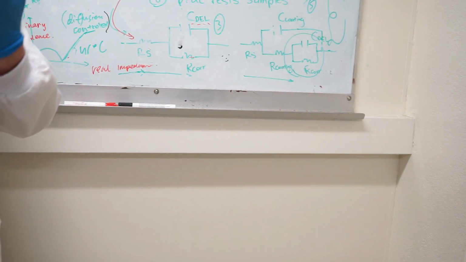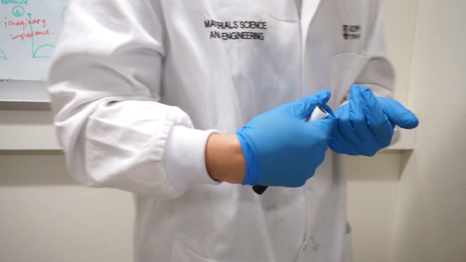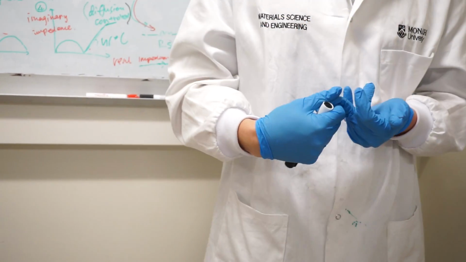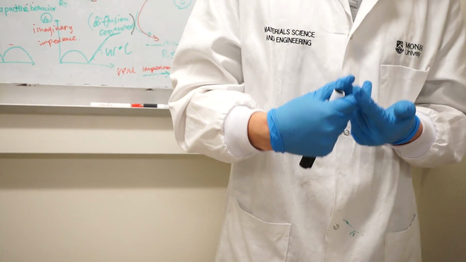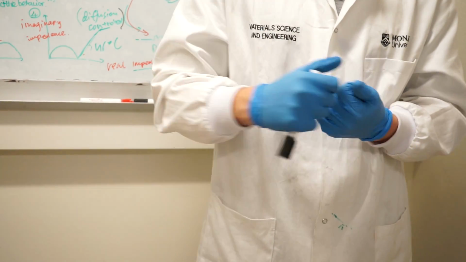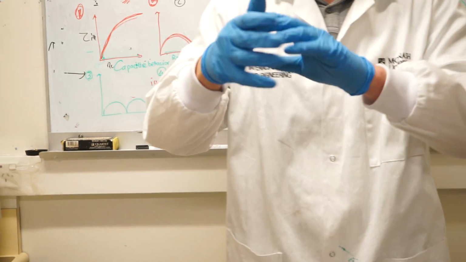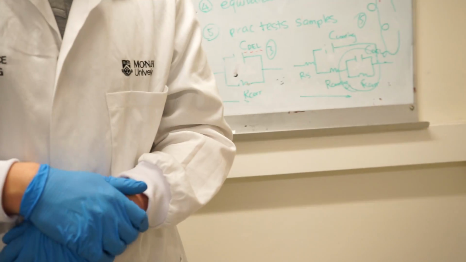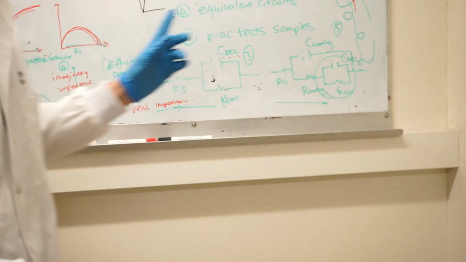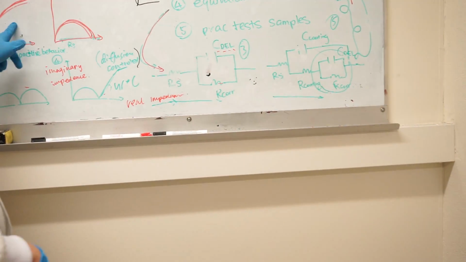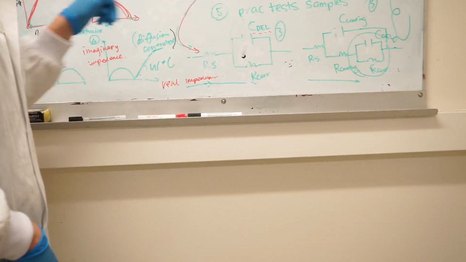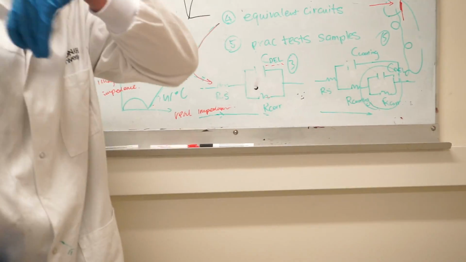So today we're going to do the impedance test for one uncoated mild steel, a coated mild steel, and a coated mild steel with a scribe on the surface. We're just going to run the test to see how the curves are, and we're going to try to fit those spectra using the software.